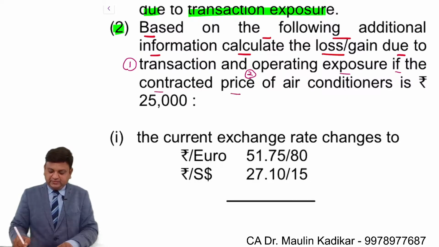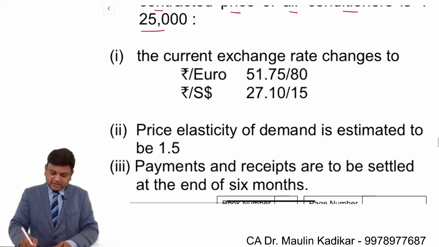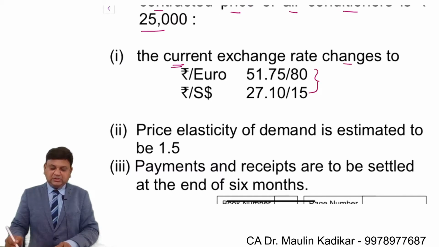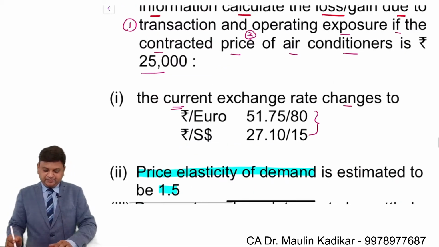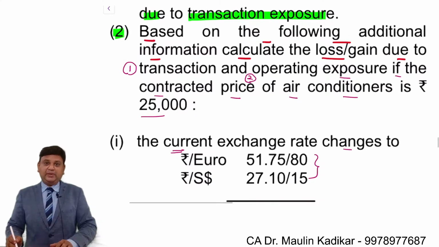If the contracted price of the air conditioner is rupees 25,000, the current exchange rate changes to, so this is the spot exchange rate. Price elasticity of the demand is estimated to be 1.50, and payments and the receipts are to be settled at the end of the 6 months. That is the way the information is provided to us.